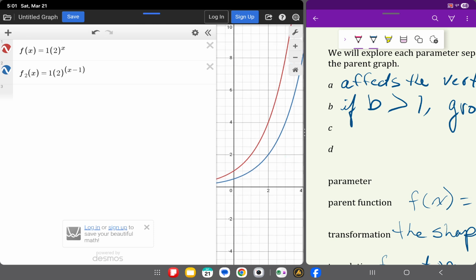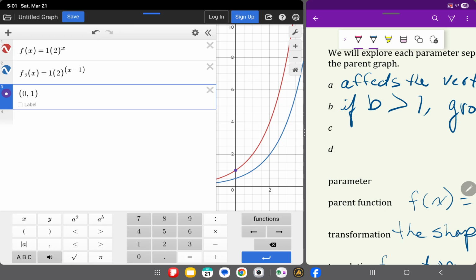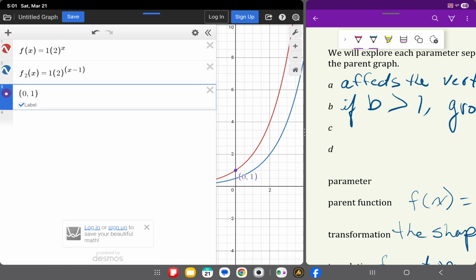I really wish I could take a screenshot of this. So I'm looking right here at this point where we have that, and then we're moving over here. So I want to look at that point, and I want to put my point in there. There we go. And we got our 0, 1. And I want to come over here to this one.